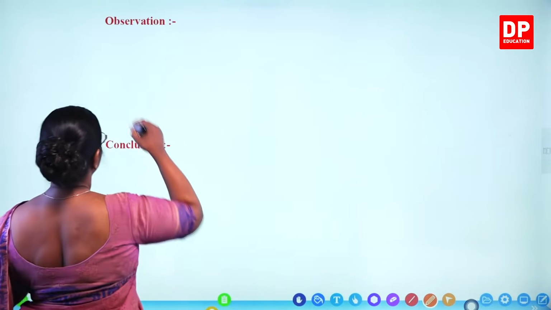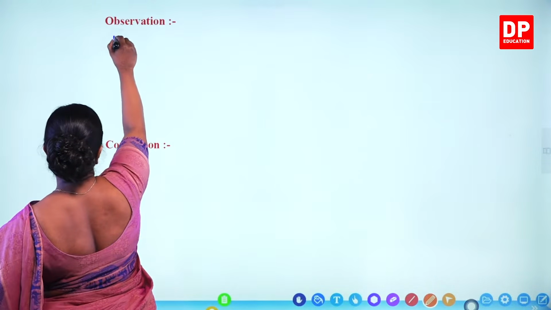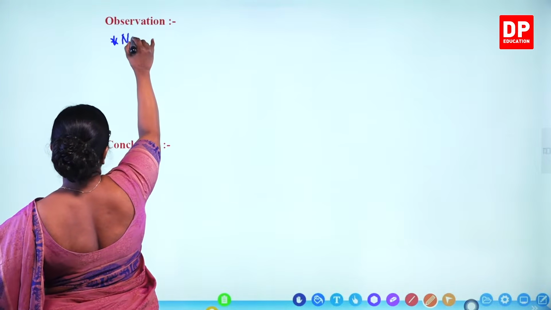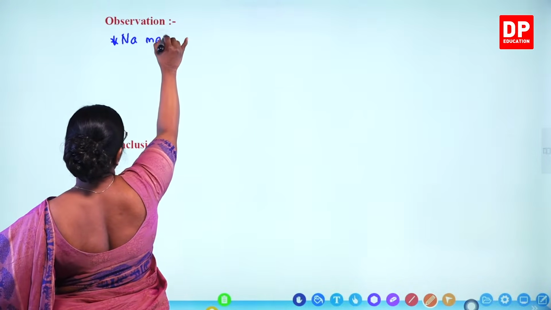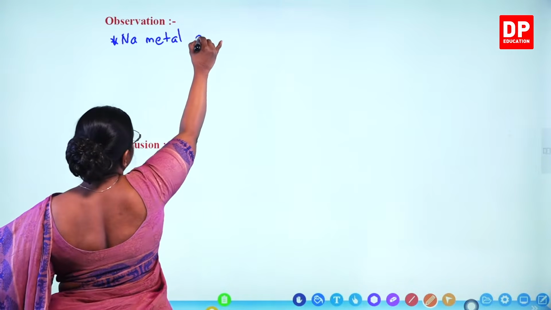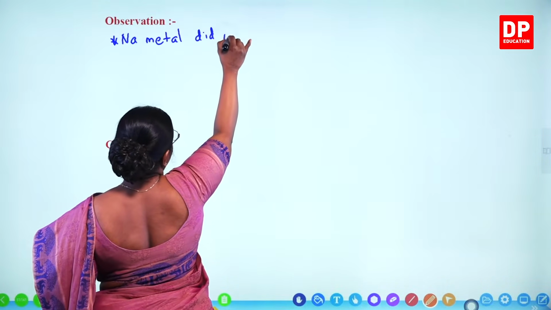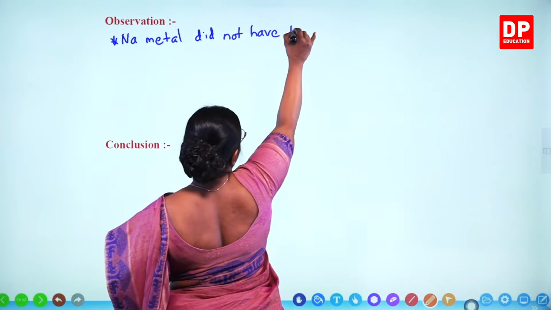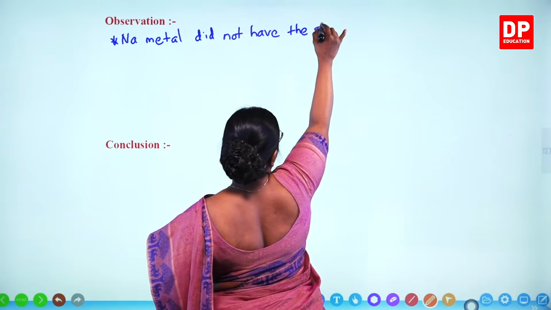So, there was no shine on the surface of sodium metal. So, that is the first observation. Sodium metal did not have the shine.